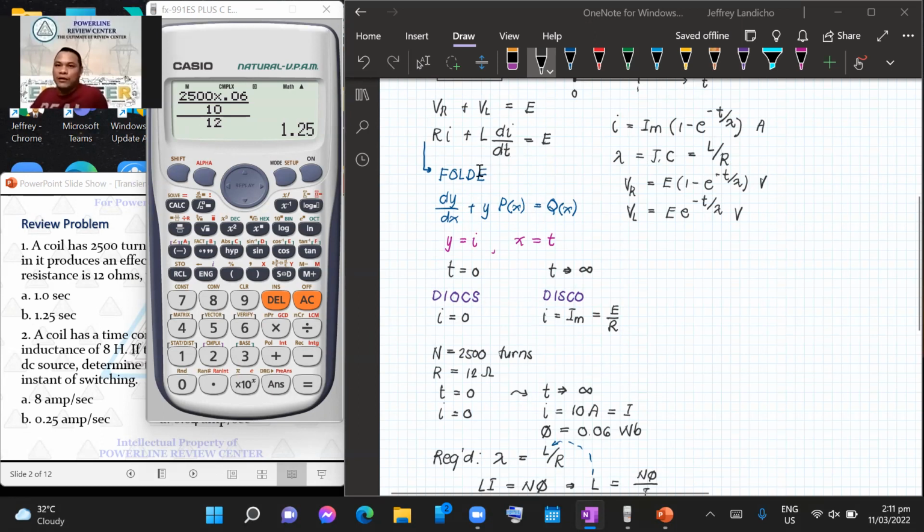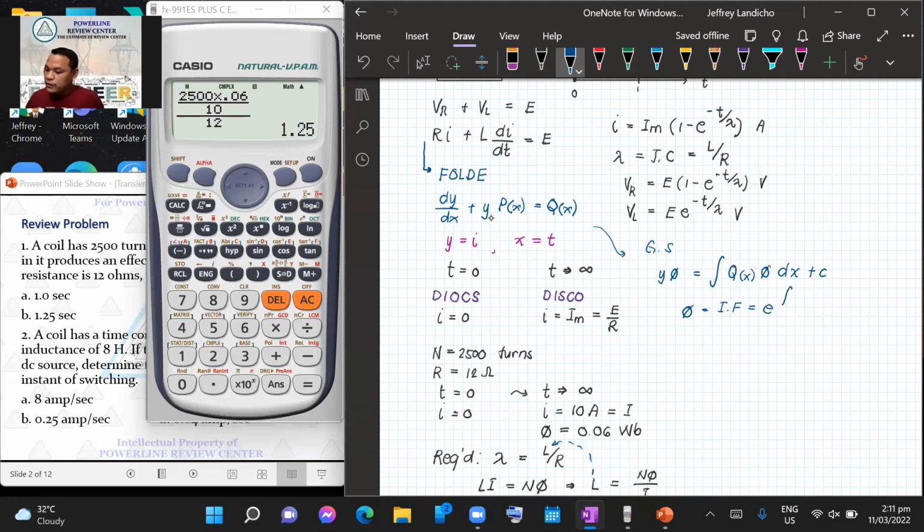Practice that in your DE; the first-order linear DE is what we use. If you get the general solution of that DE, it is the variable y multiplied by the integrating factor equals the integral of Q(x) times the integrating factor dx, plus C. What is this variable P? This is what they call the integrating factor, which is e raised to the integral of P(x) dx. From there you get our time constant equation.